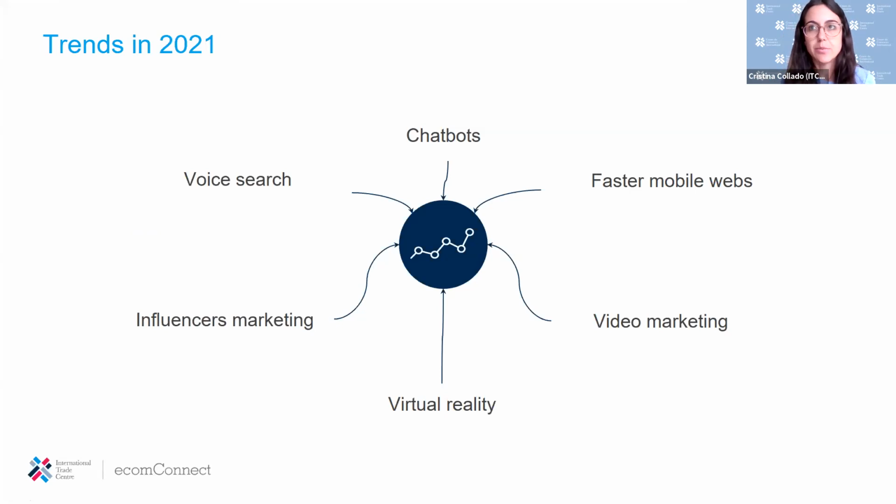You also need a chatbot to answer questions quickly. And then we also have faster mobile webs. We really need to work on making these websites mobile responsive. This is not the case for all the businesses here, and you will see that in the audits.